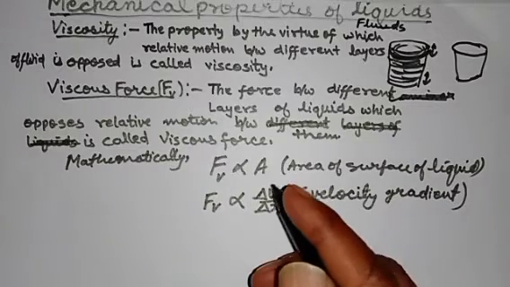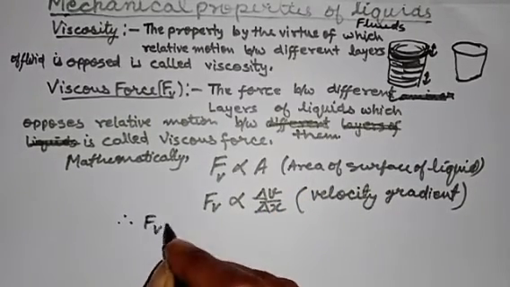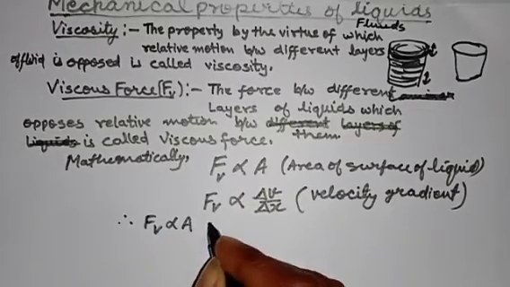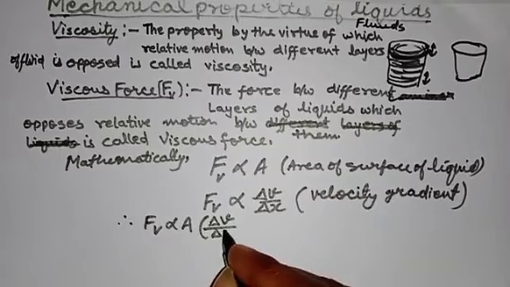Combining both of them, we can say viscous force is proportional to A delta V by delta X. This is as a whole a single term. These are not two different things.